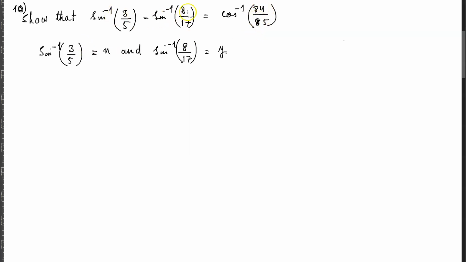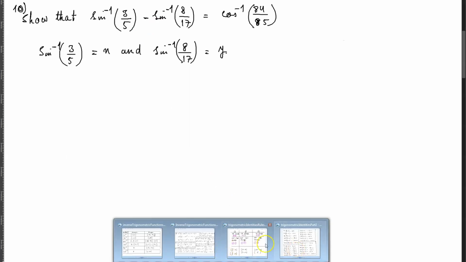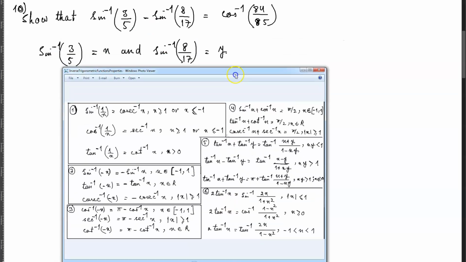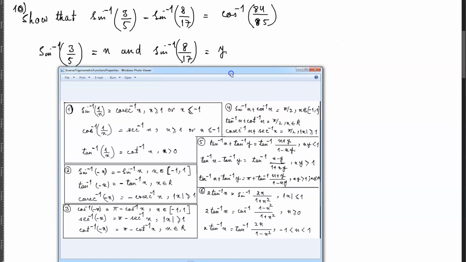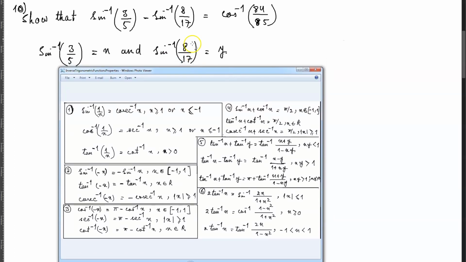Now, there is no good way to solve this problem. I'm not really sure if it's possible, or if it might be too much trouble, but you could write the sine inverse of some ratio as 2 times tan inverse of some other ratio using this formula.